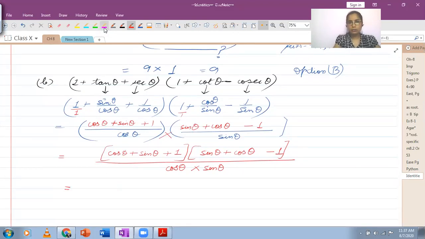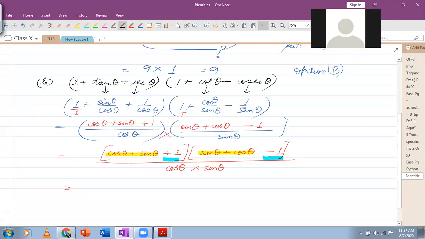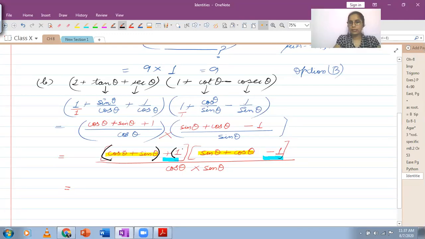Now, I would like you to observe this and this. What do you see? Consider this as the first term, this as the second term, this as the first term, this as the second term.